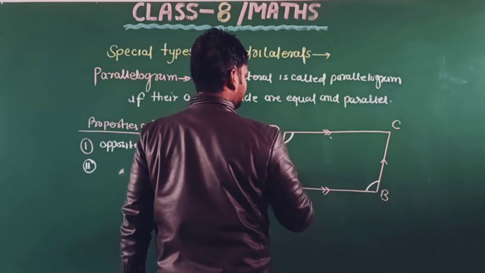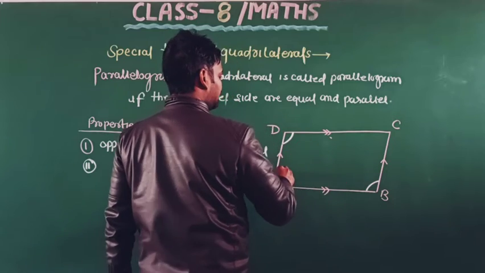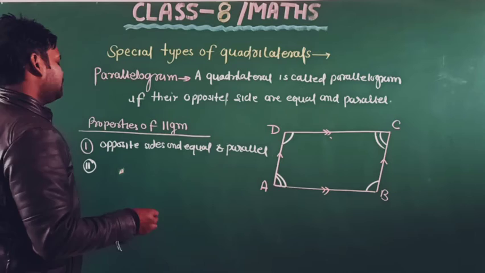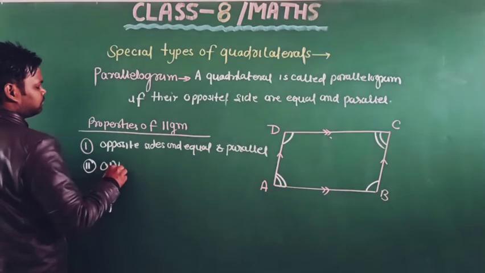So here angle B is equal to angle D and angle A is equal to angle C.